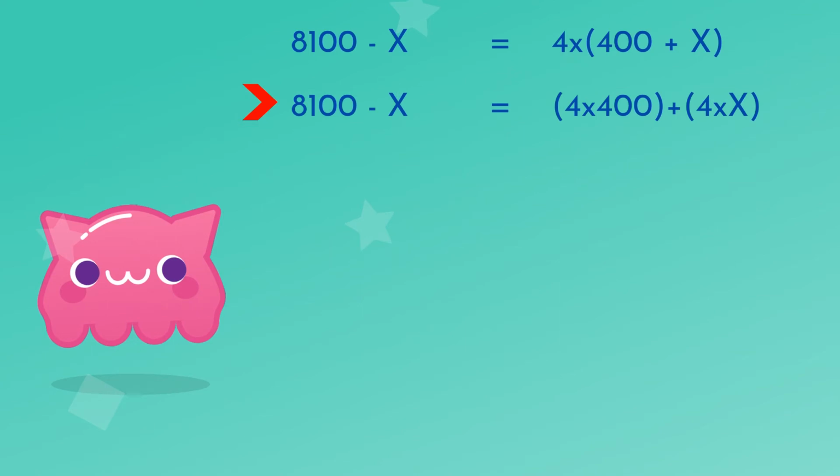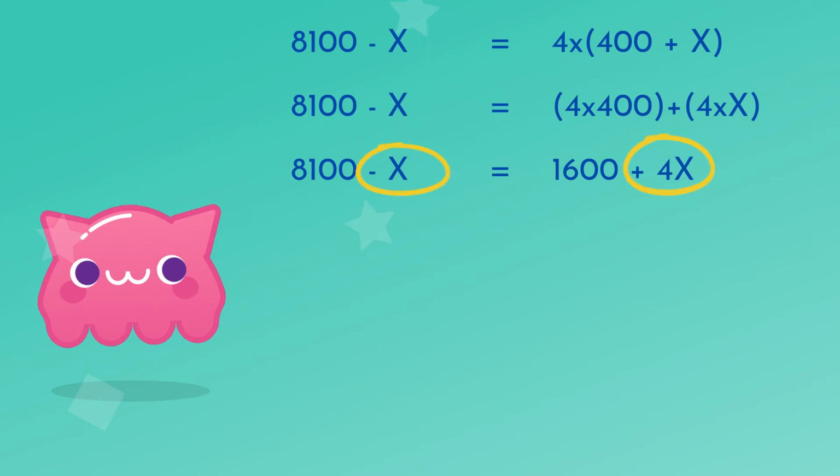8,100 minus X is equal to 4 times 400 plus 4 times X, which is 1,600 plus 4X. Rule number 3. When you are solving X, bring all X to one side and numbers to the other side.